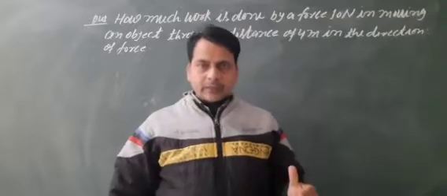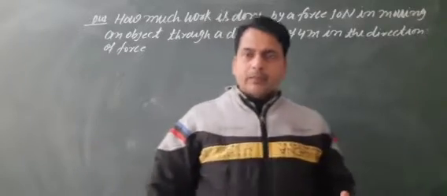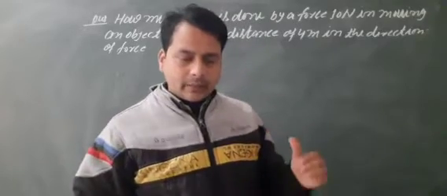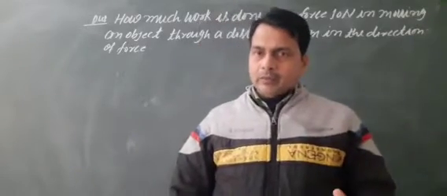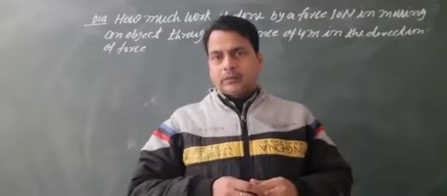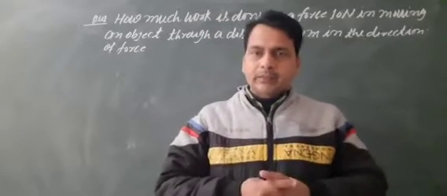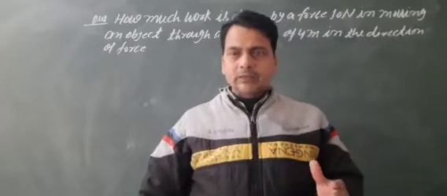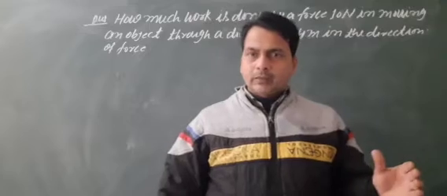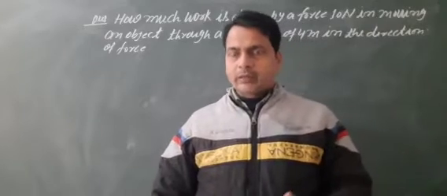First of all we will discuss work done. As you know, if a force acts on any object and the object is displaced along the direction of the force, that is known as work done.